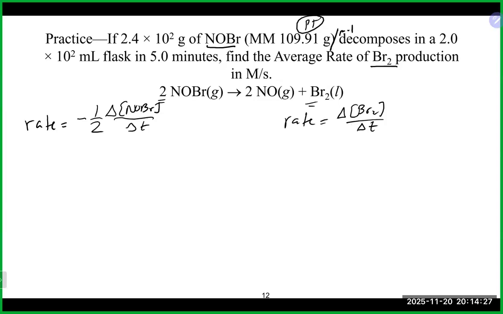We're going to start with NOBr, since that's the information we have. We are looking for the change in the concentration of NOBr, which is basically the molarity, so we need to calculate the molarity here.